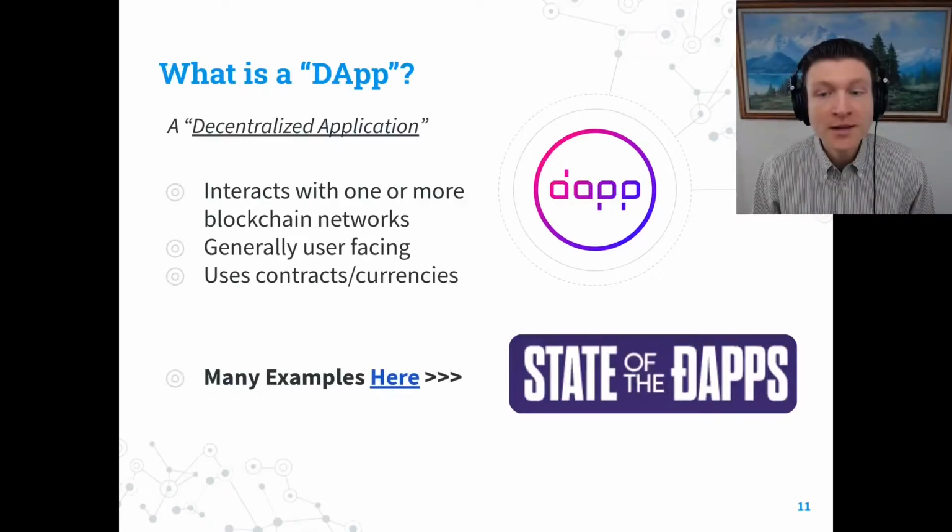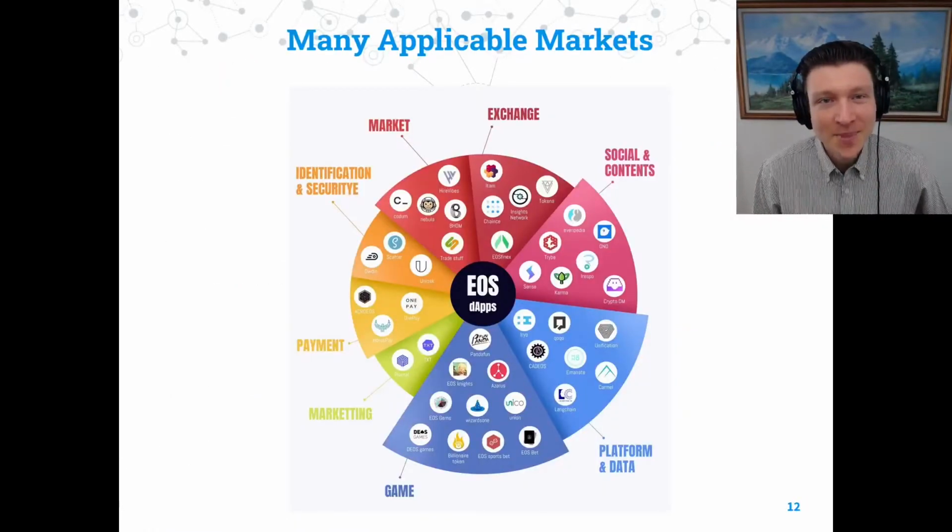There are plenty of examples. The State of the DApps website is great for this. There are other listings all over the internet, so this is definitely a good DuckDuckGo search if you want to find a listing. But to give you a sampling, many applications are being used across different markets and categories.